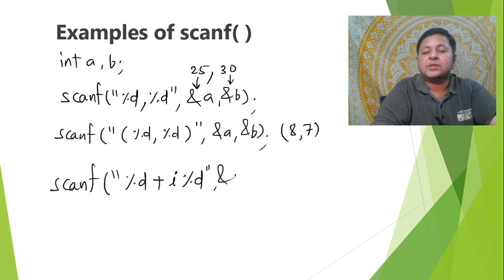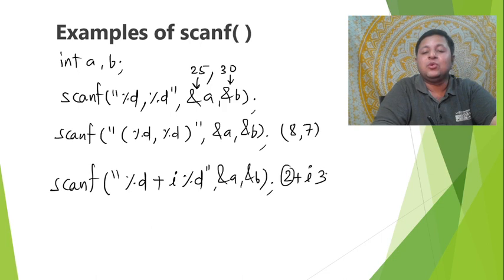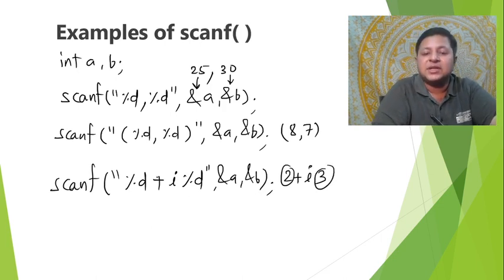So that is &a, &b. How will the input be given? It will be given something like 2 plus i3. Isn't it wonderful? And what we actually are reading is nothing but 2 and 3, because the rest of the things are matched as per the kind of design given in the scanf. So that's the strength of scanf that we have.